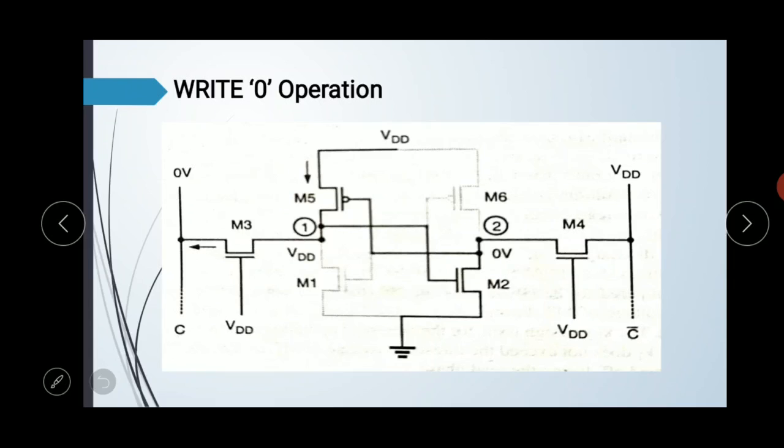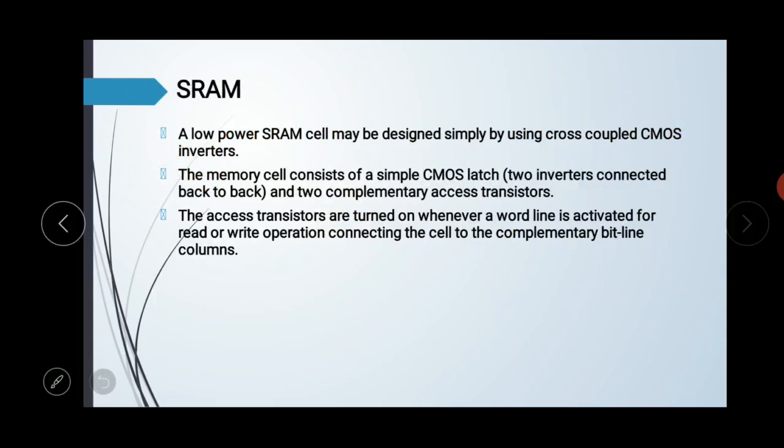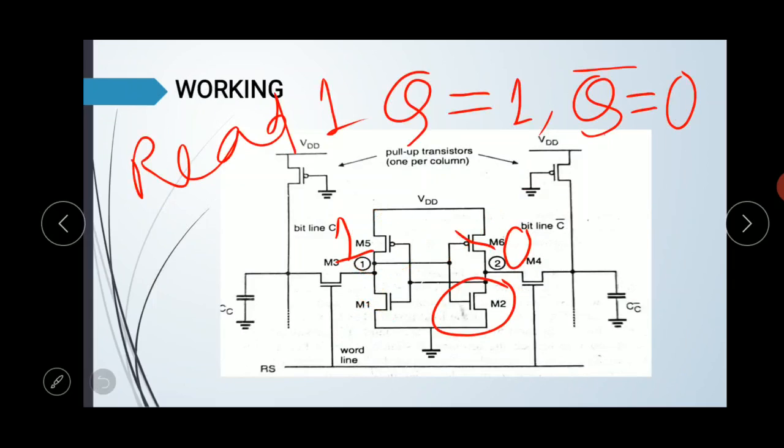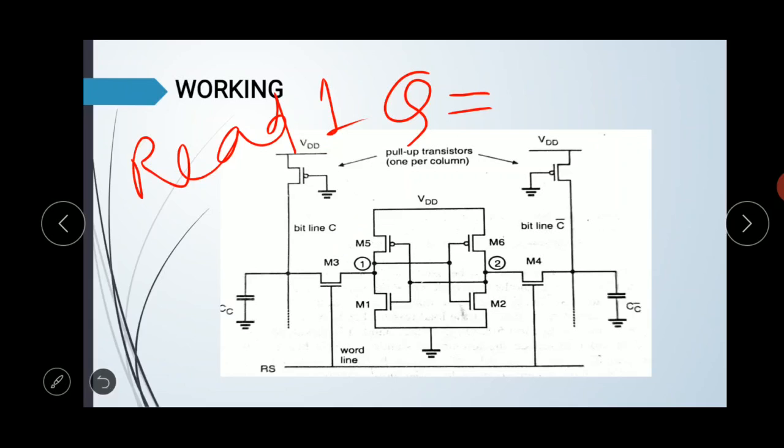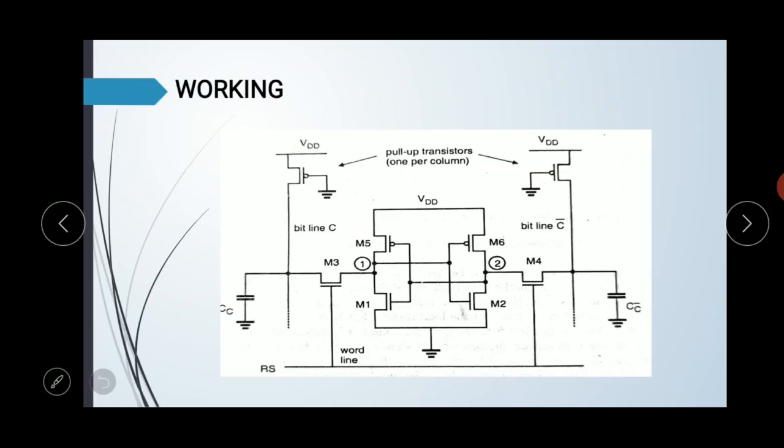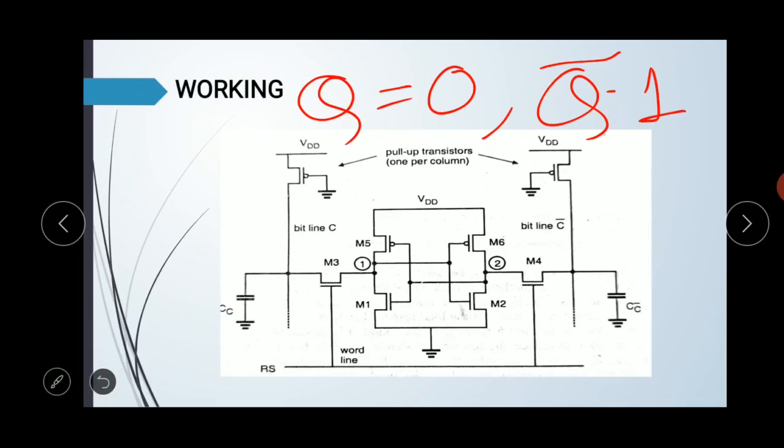Next we can also discuss the write one operation for better understanding. So for the write one operation, we have to assume that the memory cell contains logic 0, meaning Q equal to 0 and Q bar equal to 1.